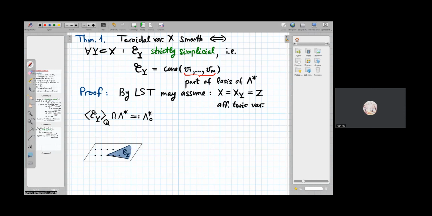And also I have the complementary lattice, which spans the complementary subspace. Let me indicate this subspace by a line here, like this.